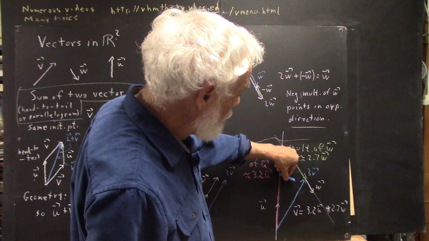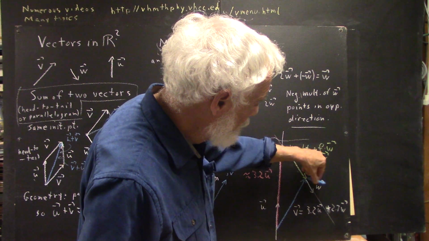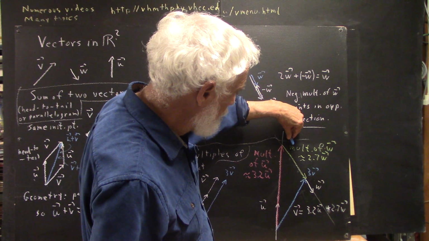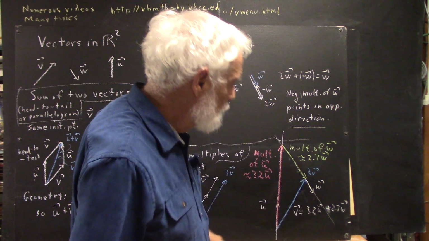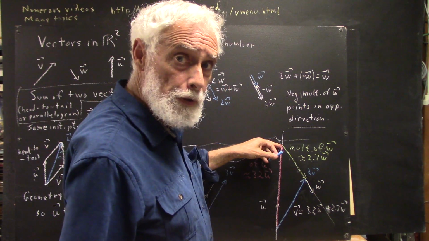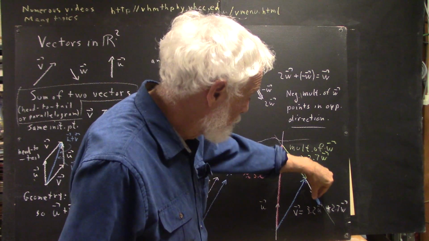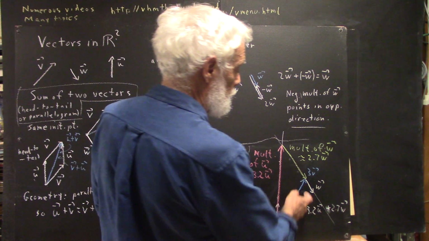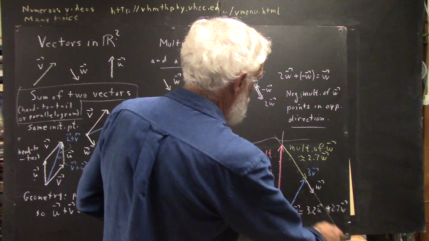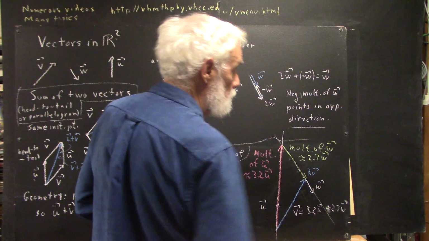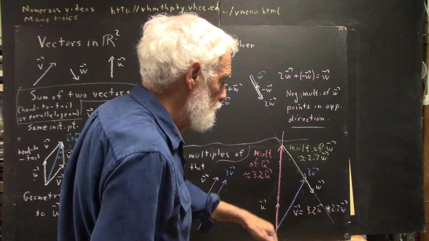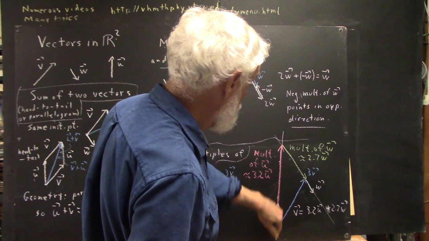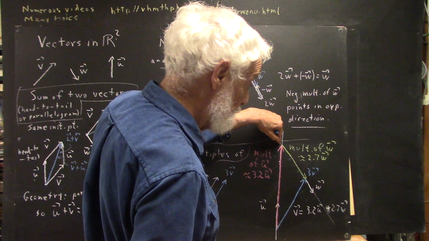Now, each of these directions was kind of above the vector w, and I'm just using that in a very vernacular sense. This vector would go down below w. If we go to just the right point on this line, we have a vector in the direction of w. How do we find a point on that line? Well, we just draw the vector w right here, then we draw the line through the vector w and through the point at the tip of the 3v vector until we hit the line that we drew parallel to u.